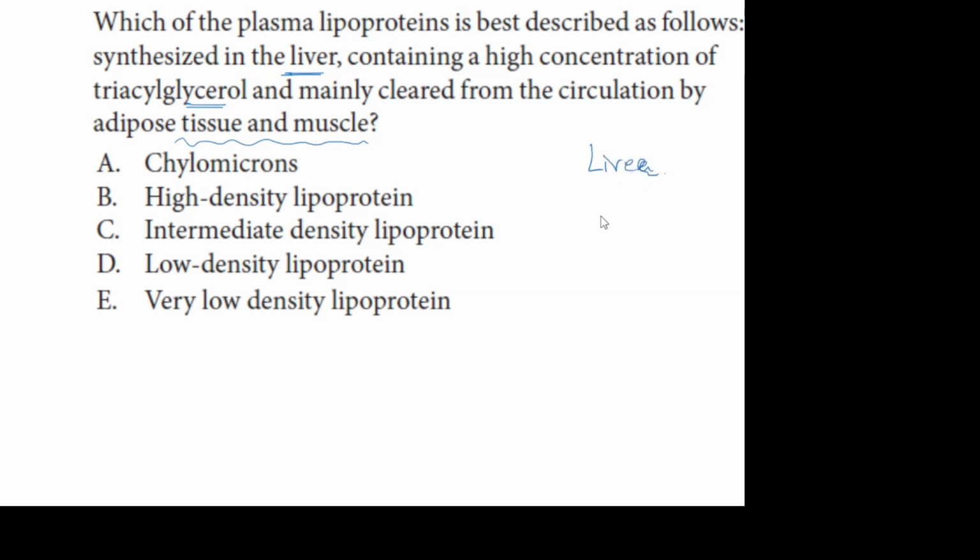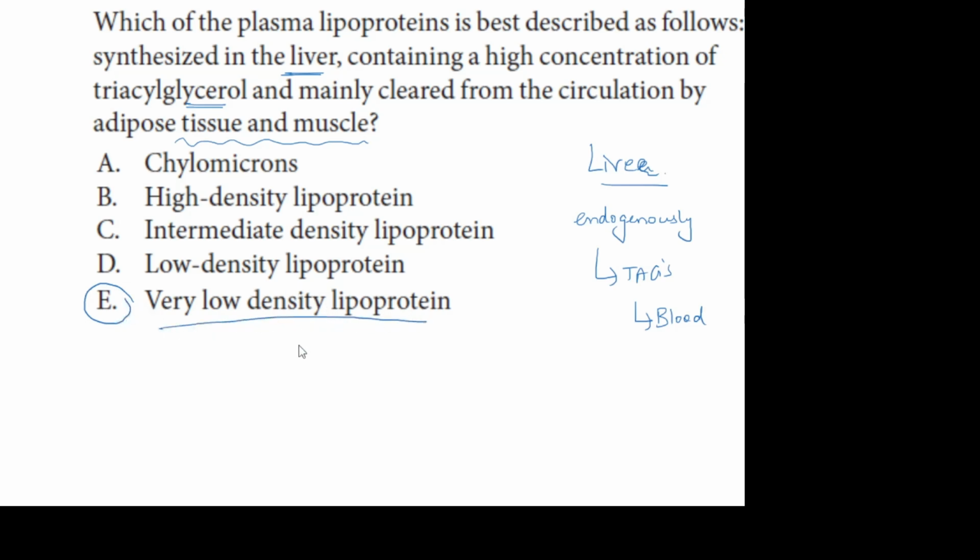So any endogenously synthesized triacylglycerols, usually synthesized within the liver, are carried in the blood by VLDL, or the very low density lipoprotein.